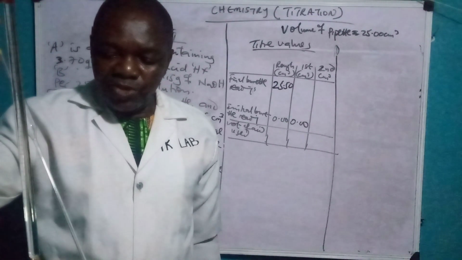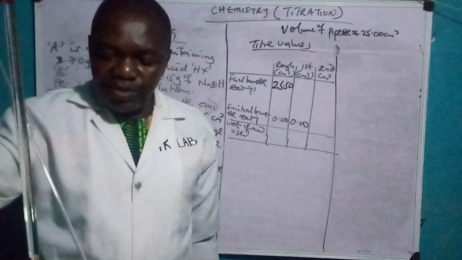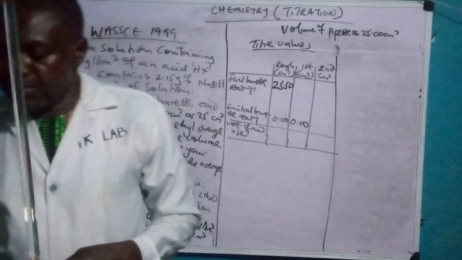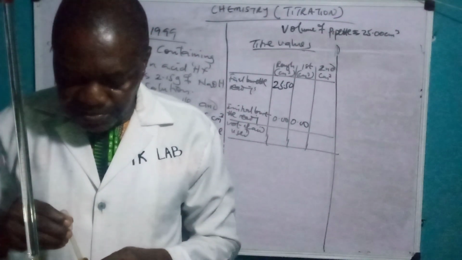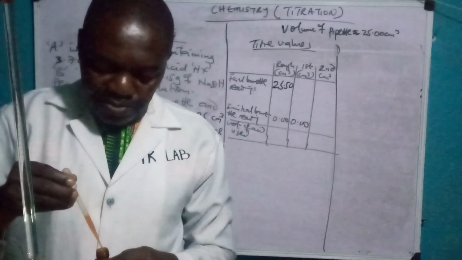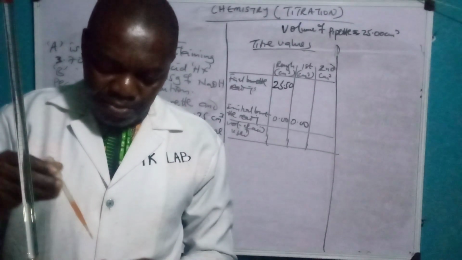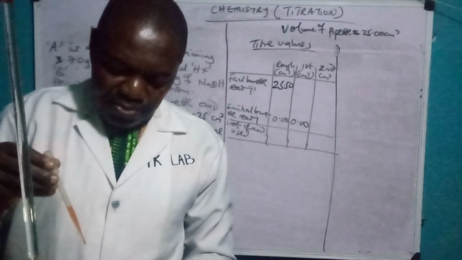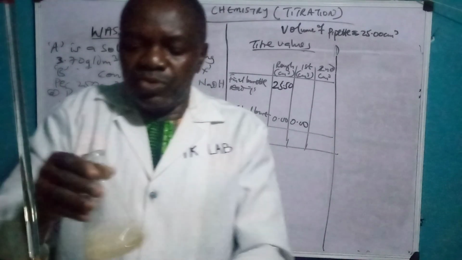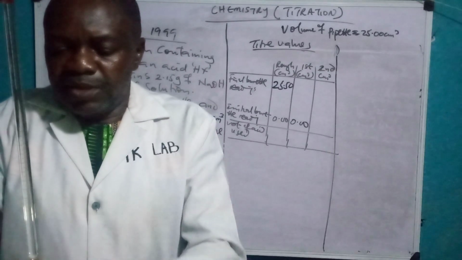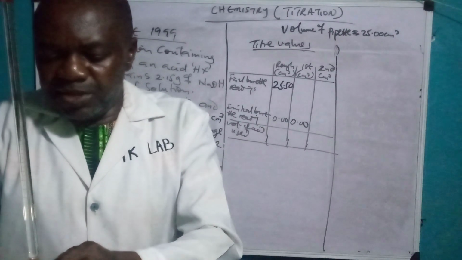Use the tip to touch the conical flask. Okay, that is done. Then we now put again 2 drops of indicator. 1, 2. Don't need to be in too much haste. So you start titrating it again.